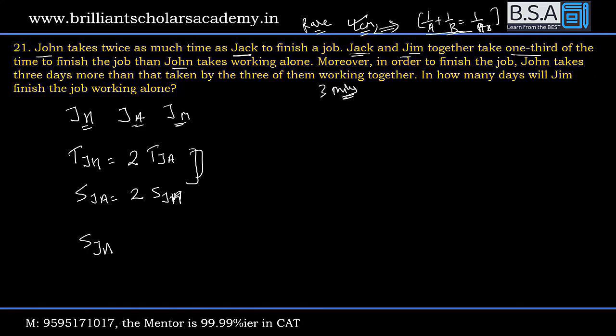Speed of Jack and speed of Jim is 3 times the speed of John. So I get a hint. Do you observe? Jack has a speed twice of John. When Jim works together, the speed increases by 1 times. So it proves speed of Jim is same as speed of John.